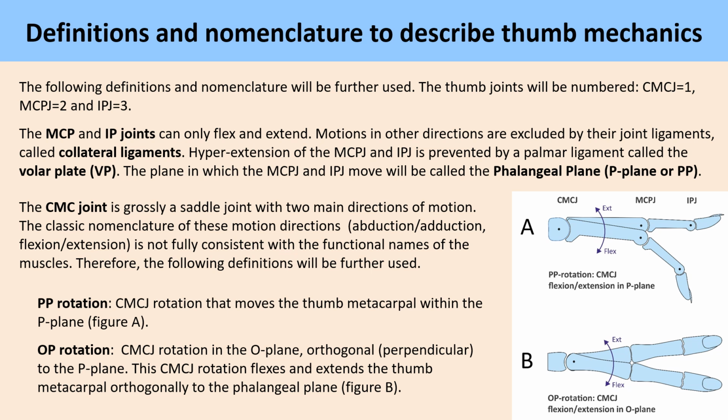PP rotation: CMC joint rotation that moves the thumb metacarpal within the P-plane, as shown in figure A. OP rotation: CMC joint rotation in the O-plane, orthogonal, perpendicular to the P-plane. This CMC joint rotation flexes and extends the thumb metacarpal orthogonally to the phalangeal plane, as shown in figure B.